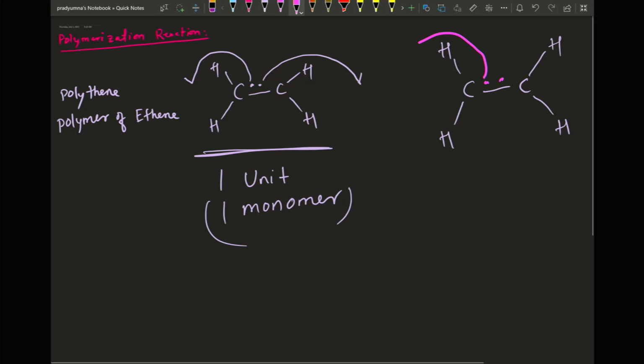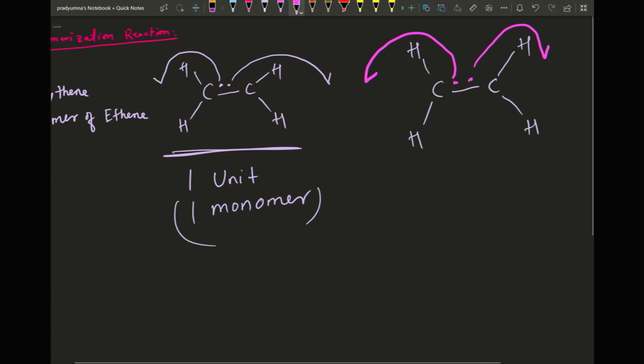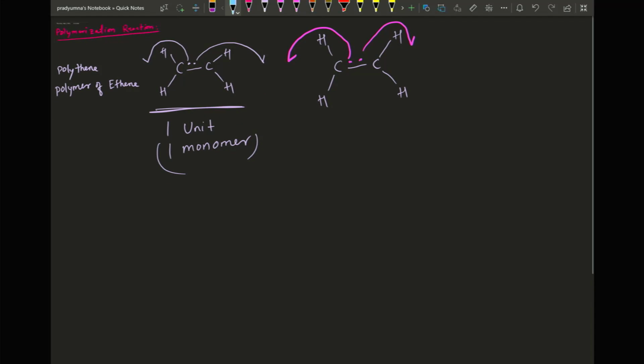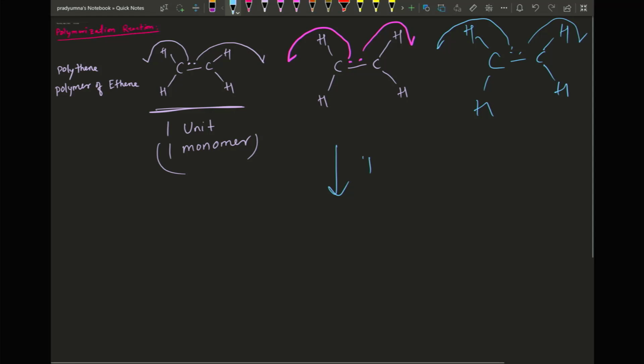One of them would go here, one of them would go here. If there is another one right next to it, one of them would go here, one of them would go here. As a result, this is the polymerization reaction.